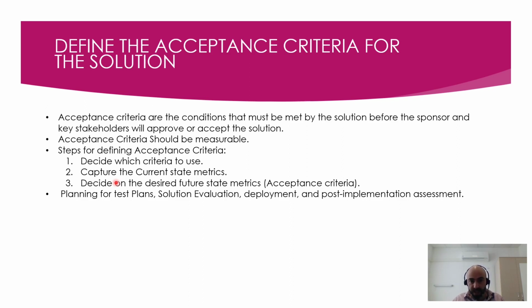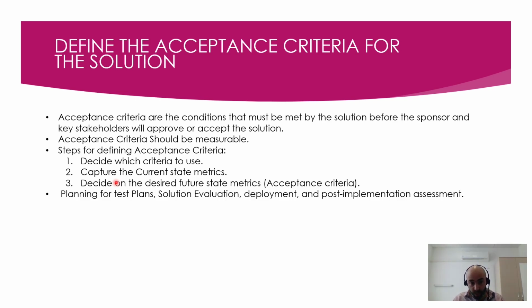This is the as is state. The future state is 20% increase in the profit, and this is where I am building a solution to meet the future to be state in terms of metrics, 20%.